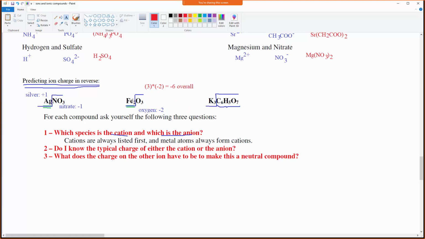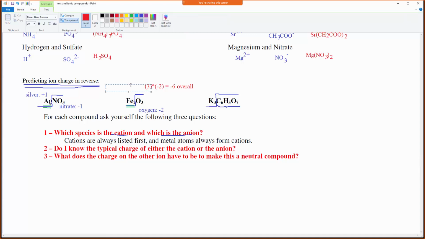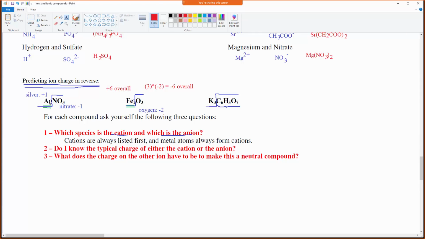And so for this ionic compound to be totally balanced for charge, then the iron here has got to have a +6 overall charge. But there are 2 iron ions. So what should the charge on each iron be so that the overall charge is +6?